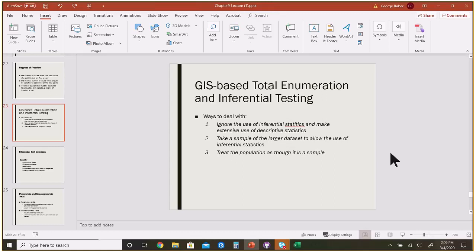I guess one of the examples might be we have all of the car accidents. So we know the proportion of car accidents in Alabama, and we know the proportion of car accidents in Mississippi, or we know the average car accidents per driver in both of those states.